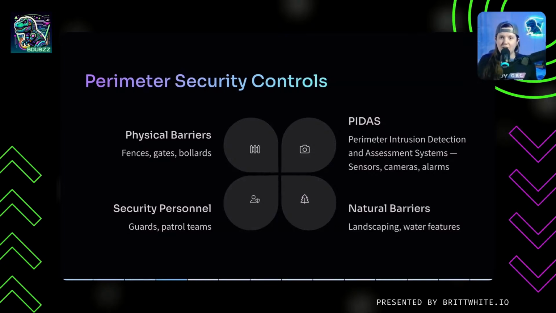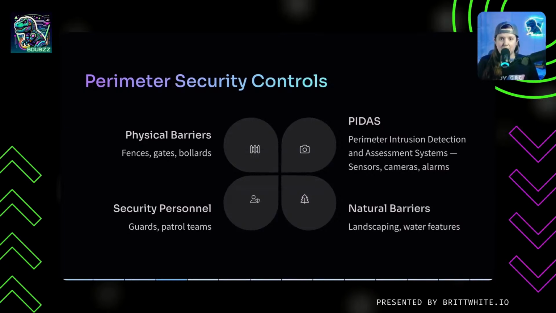Water features aren't just decorative, they can help control access points and create natural boundaries. Finally, we can't forget about our human element, our security personnel. Having trained guards and patrol teams is so important. They're your eyes and ears on the ground, responding to situations in ways that technology just can't. All of these elements work together to create a comprehensive perimeter defense.